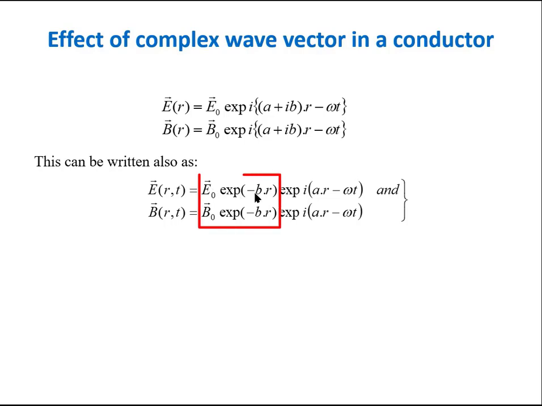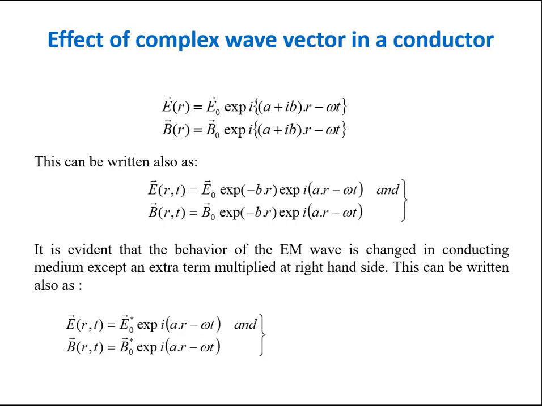Here exponential minus br, which contains no iota, can be put with E0 and B0, which are the amplitudes of electric field and magnetic field. So we got different values of amplitude of E and B inside the conductor. Let us represent these different amplitudes, which are varying with r, by a star on them. So E and B are written as these equations.